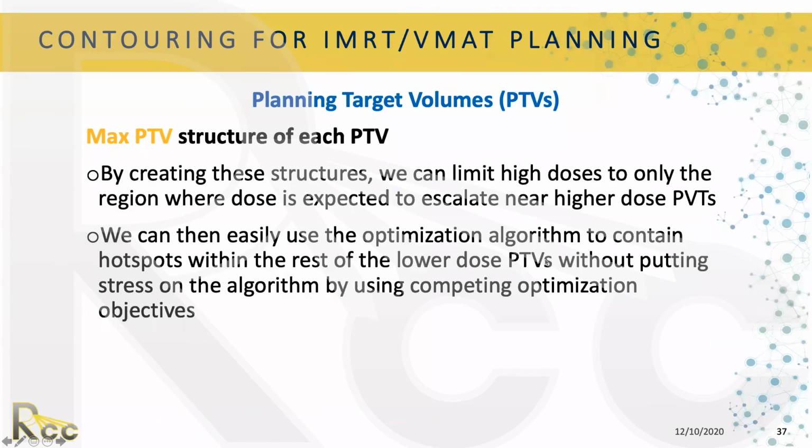By creating these structures, we can limit the high dose to only the regions where dose is expected to escalate near the higher dose PTV. And we can easily use the optimization algorithm to contain hotspots within the rest of the lower PTVs without putting stress on the algorithm by using competing optimization objectives.